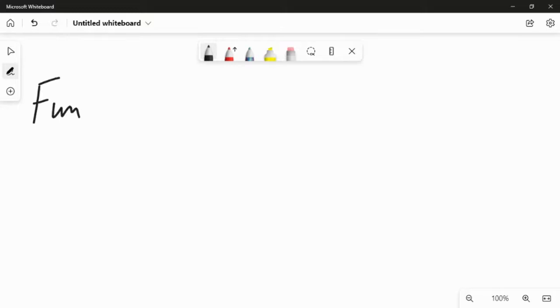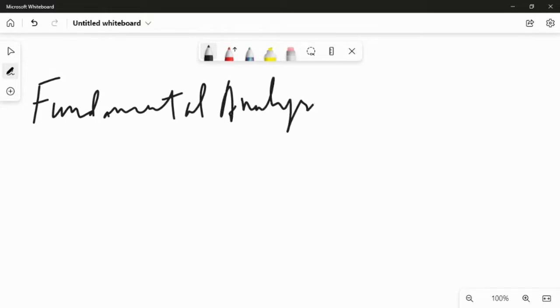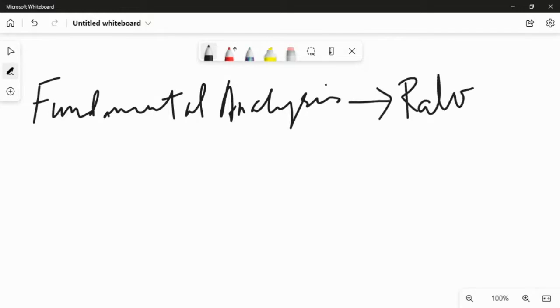So fundamental analysis. My handwriting is terrible. Basically, from fundamental analysis we'll have to arrive at ratio analysis.